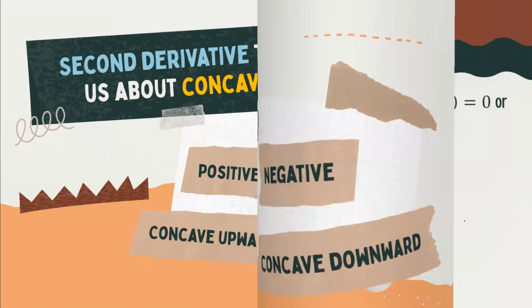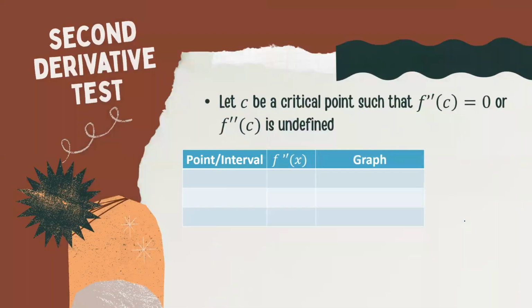Para mas ma-picture natin, let's take a look at this table. Let c be a critical point such that f double prime of c ay 0, no? Parang gano'n, no? Parang katulad din nung kanina. So, kung f double prime of c natin ay 0, o di kaya ay undefined, actually ininigit na natin to kasi nga limited lang yung discussion natin sa polynomial function.